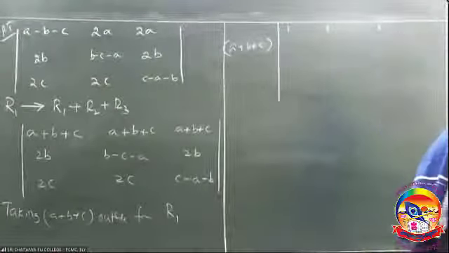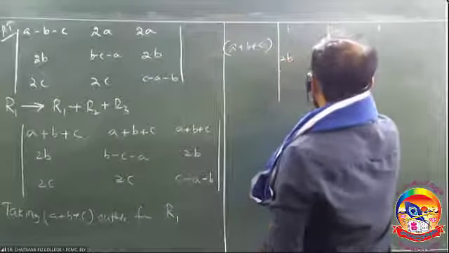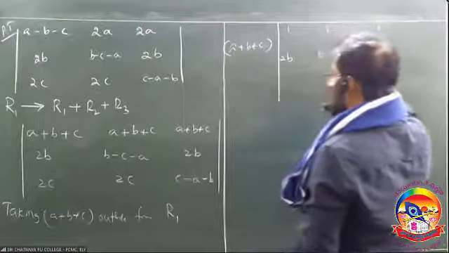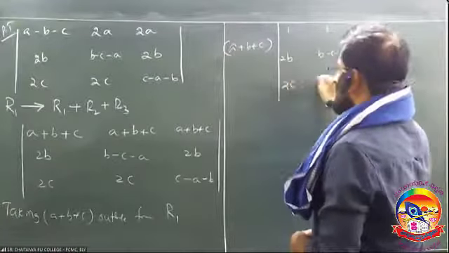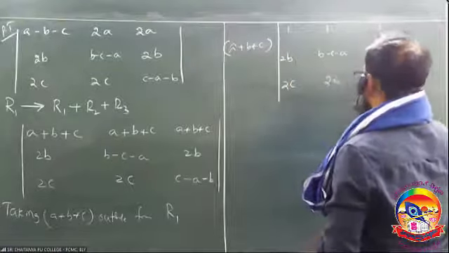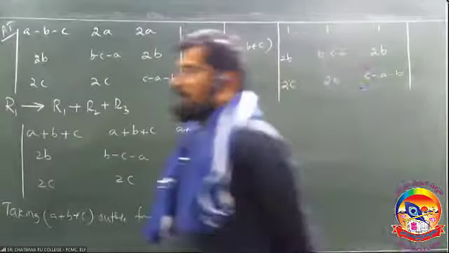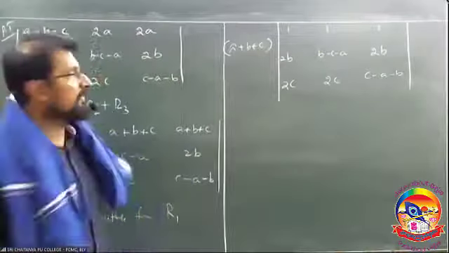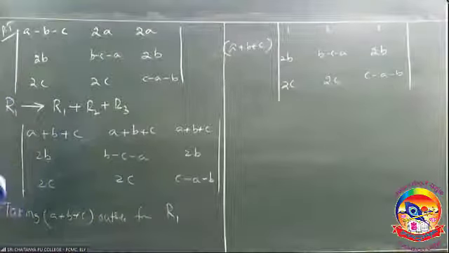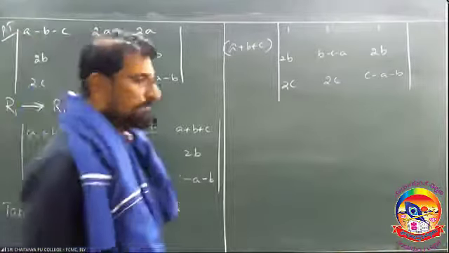Am I right in what I wrote? And here it is 2B, B minus C minus A, 2B, and 2C, 2C, C minus A minus B. Now the other two values should also become A plus B plus C. So which operation is to be done? Observe that one.